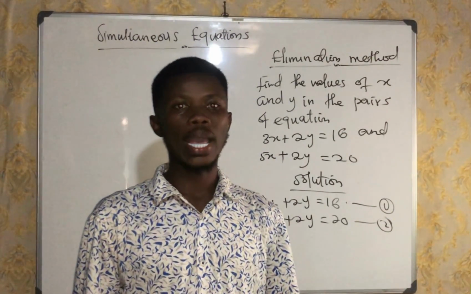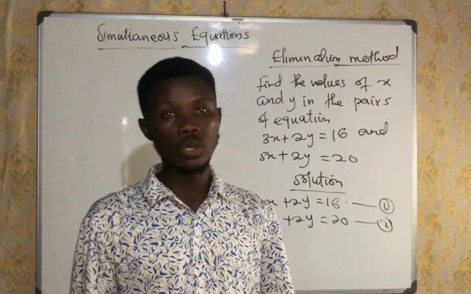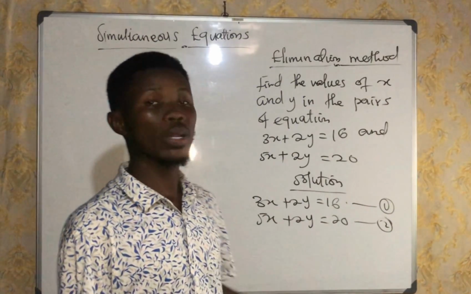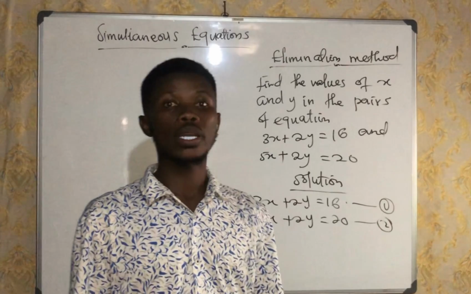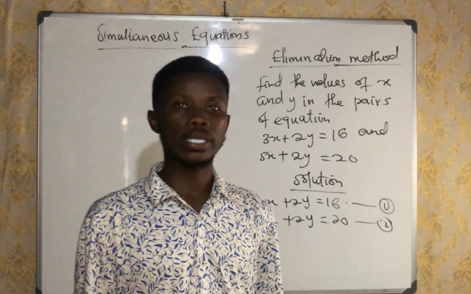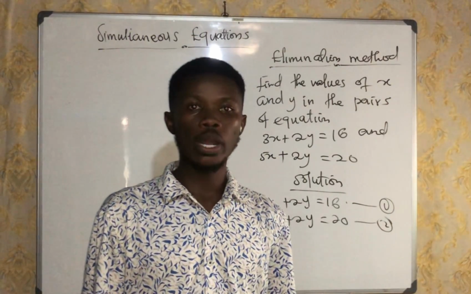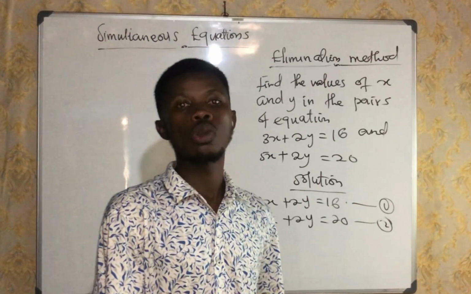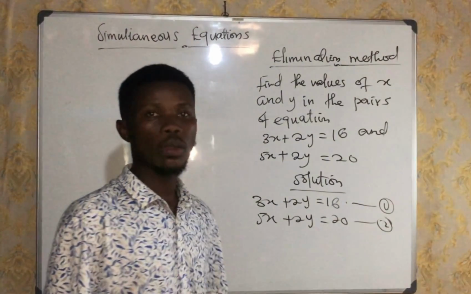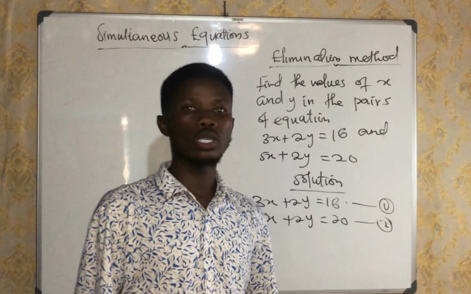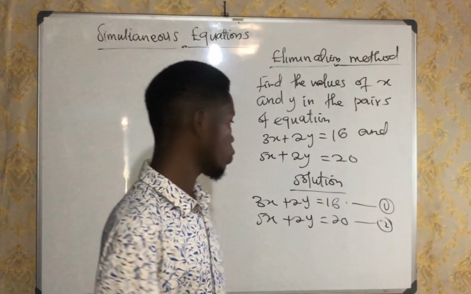Therefore, we can eliminate the y. How do we eliminate? This is plus, this is plus, so if I want this to go to 0, I simply subtract. It depends on you whether you subtract equation 1 from equation 2 or equation 2 from equation 1. I want to subtract equation 1 from equation 2.